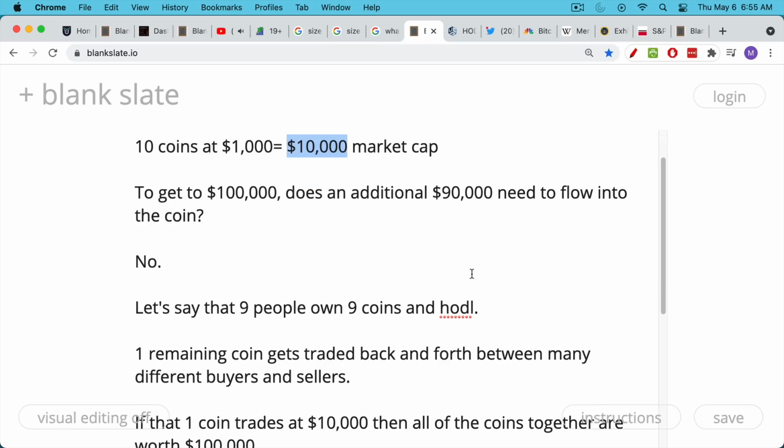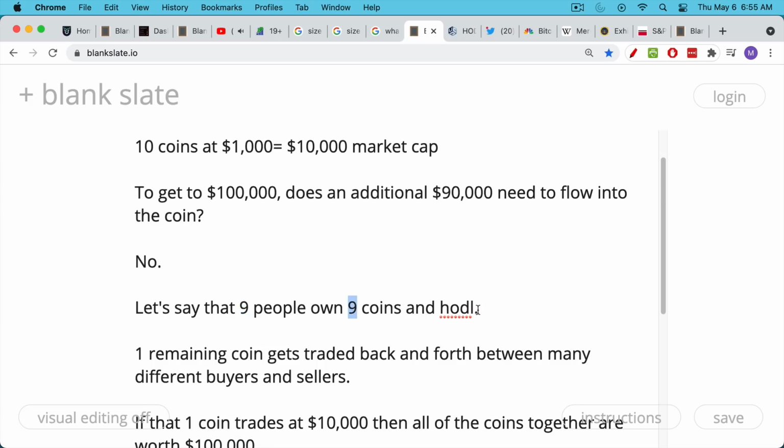Let's set up another idealized scenario within this. Let's say that out of those 10 total coins, again, we have 10 coins that are each worth about $1,000 as determined by the market. Let's say that we have 9 hodlers who are long-term investors in this coin, and each of those 9 investors own a coin apiece.